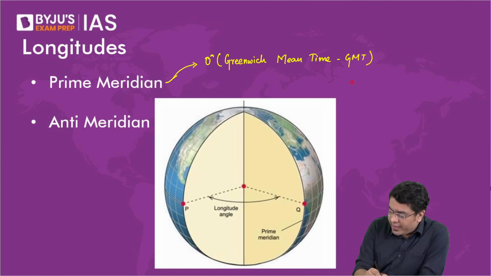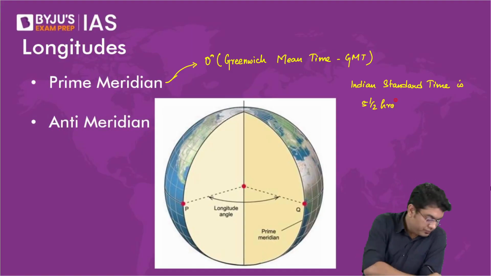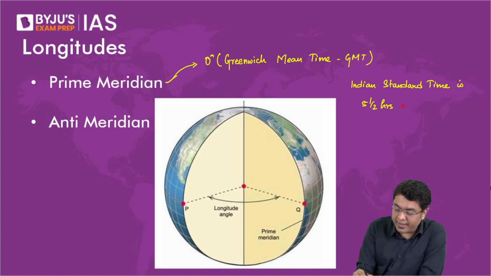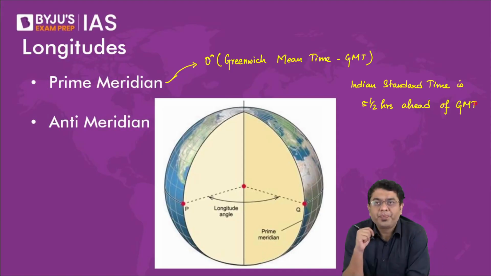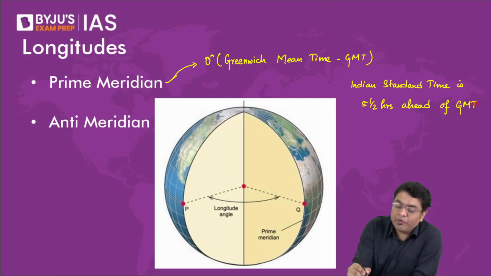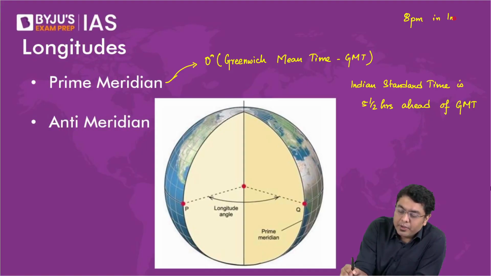So IST, or Indian Standard Time, is 5.5 hours ahead of GMT. Which means, if let's say right now we observe 8 p.m. in India, what would be the time in Greenwich?